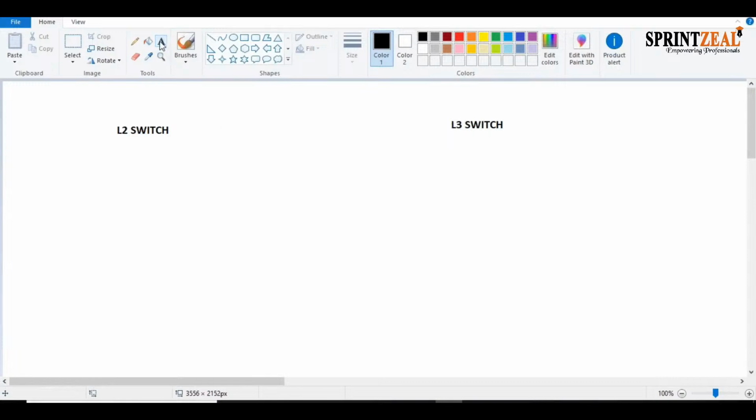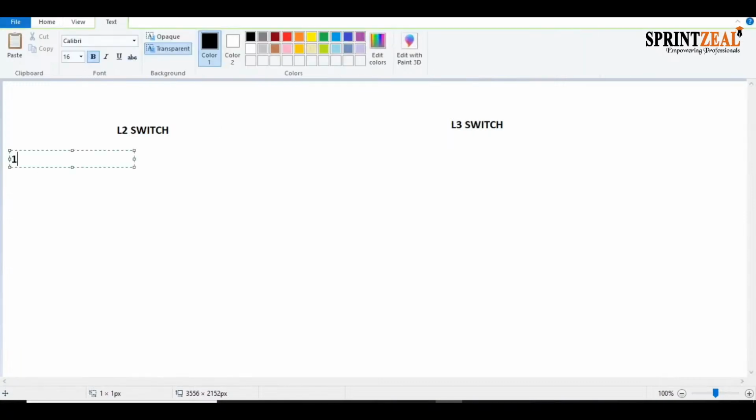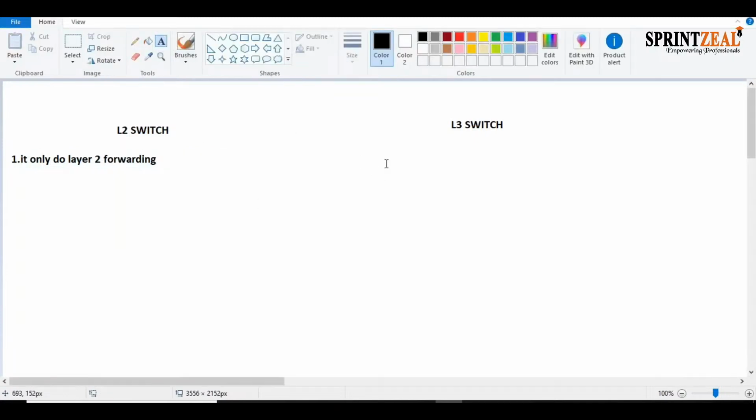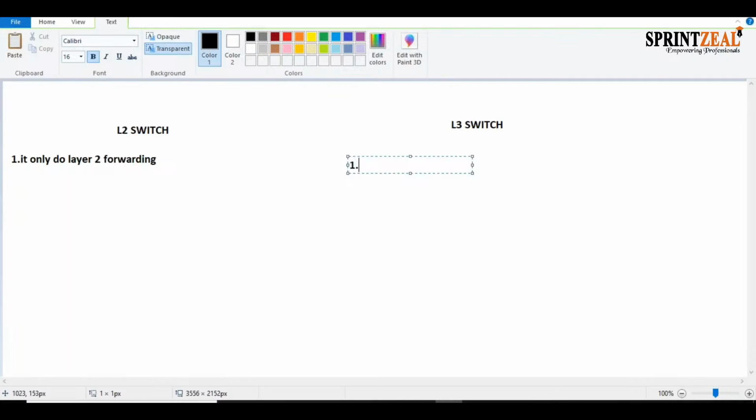The first difference is that an L2 switch only does layer 2 forwarding. And what about the L3 switch? It does switching and routing both.